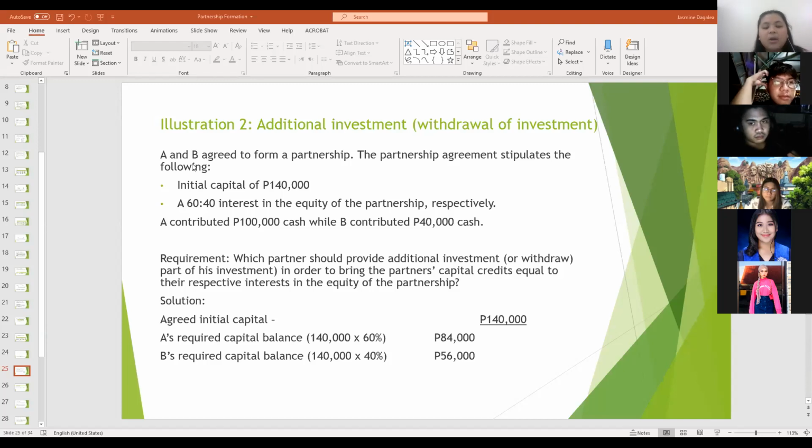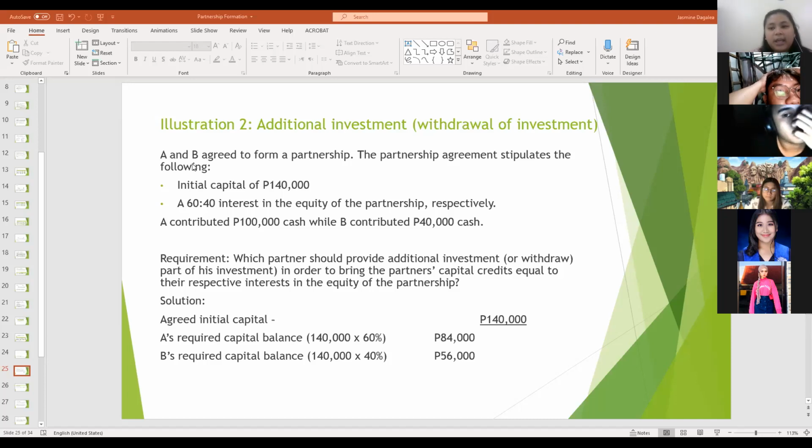So sinabi, 140,000 yung initial contribution. I-adjust nyo lang. 140,000 times 60% for A, 84,000 dapat na credit sa kanya. Kay B naman, required capital balance, 140,000 times 40% is 56,000. So, tignan nyo yung difference.